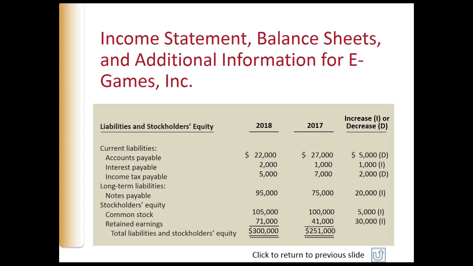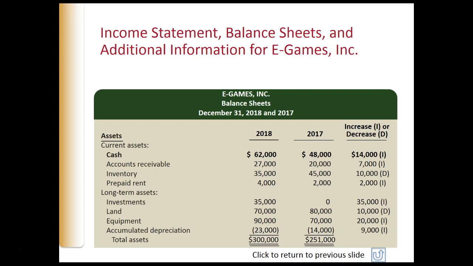Now, as you can see here, we show, for example, the receivables. The 2017 accounts receivable had a balance of $20,000. In 2018, the accounts receivable had a balance of $27,000.